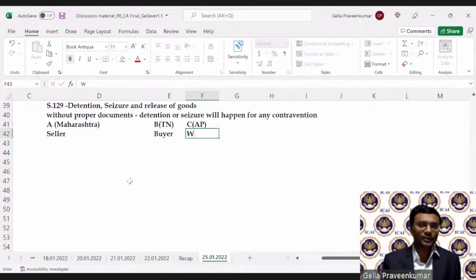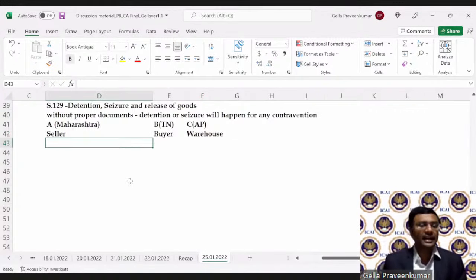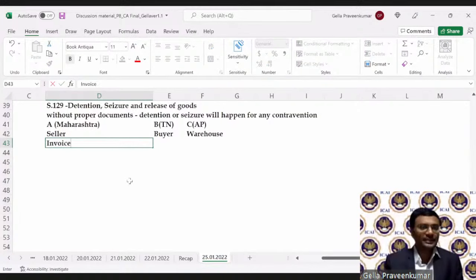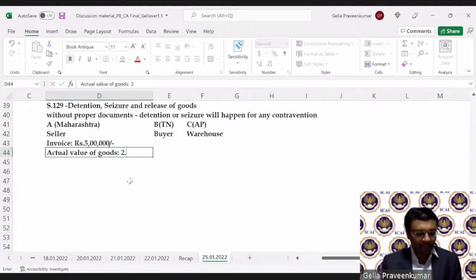There is a warehouse. The seller transports the goods to the buyer. In between, the transporter stores the goods in a warehouse. The invoice is issued for rupees 5 lakh. The actual value of goods is say 2.85 crore.